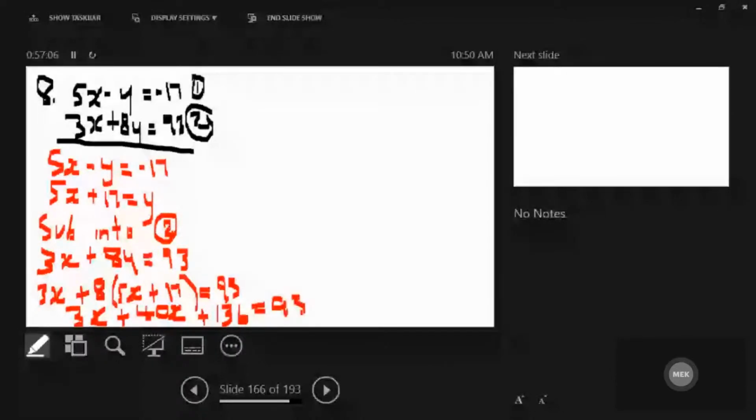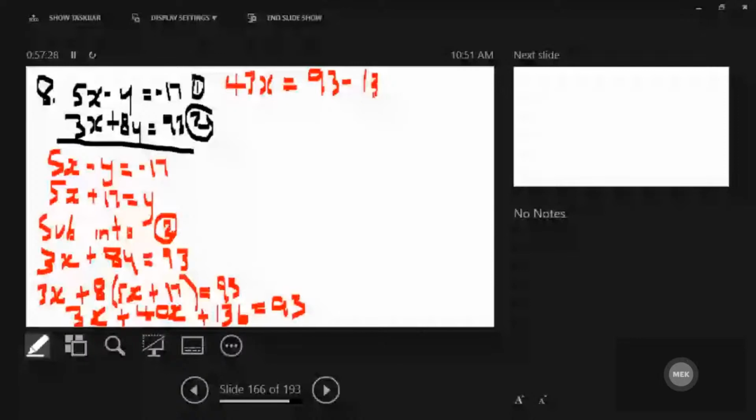So what we're going to have, grouping the x's, 3x plus 40x, that's 43x, is equal to 93 minus 136. Let me see what that gives.